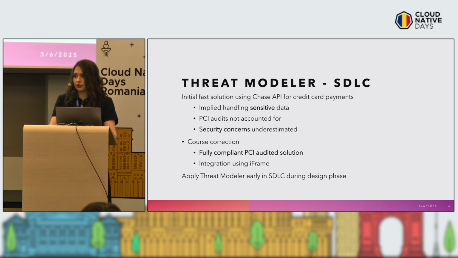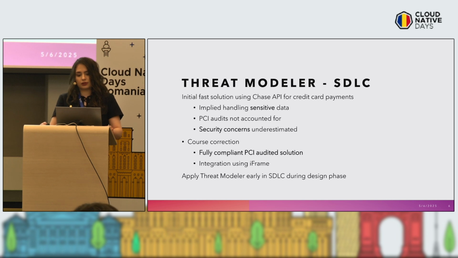Though Chase is a trusted provider and also has a secure API, the credit card data still passed through our backend systems before being sent to Chase. This was a security risk that was not fully accounted for in the PCI audits, and it would have made the PCI audit much more complex.